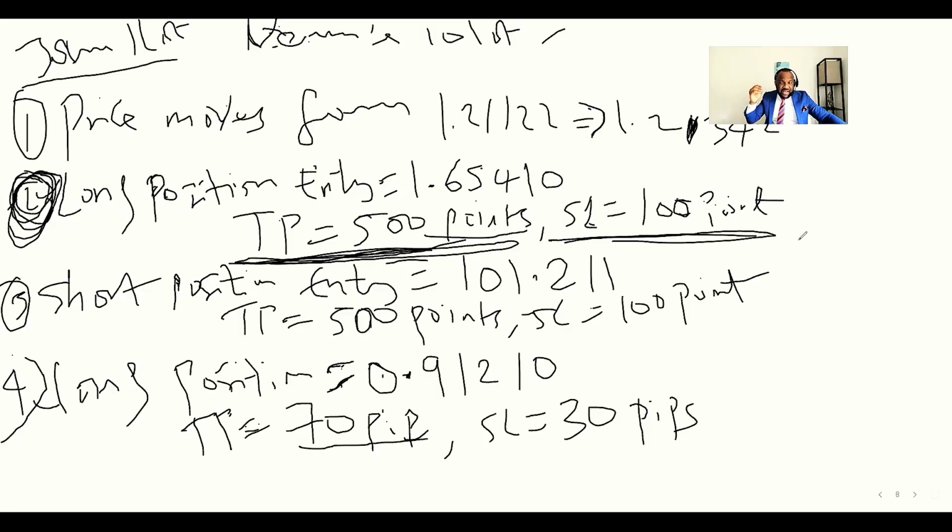The minimum lot size you can take on their platform was, I think, one lot. The minimum lot you could use on their platform was one lot. Criminal brokers.